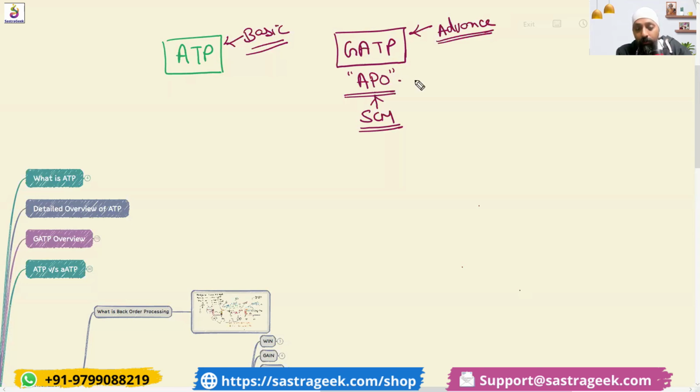Now you all know APO is going to sunset. When APO is going to sunset, what is going to happen with the functionality of GATP? They said, okay, we will scrap it. We will not go ahead with GATP.